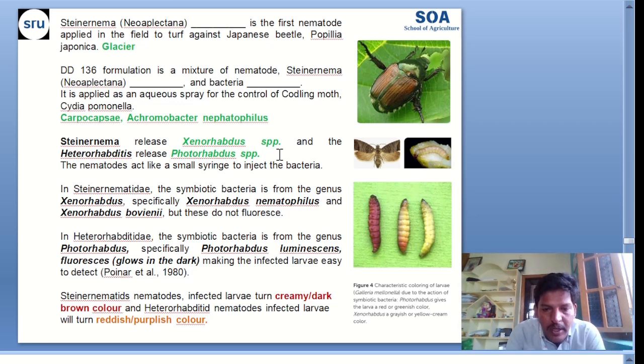But in case of Heterorhabditidae, the symbiotic bacteria are from the genus Photorhabdus, specifically Photorhabdus luminescens. This bacteria fluoresces and glows in the dark, making the infected larvae easy to detect.